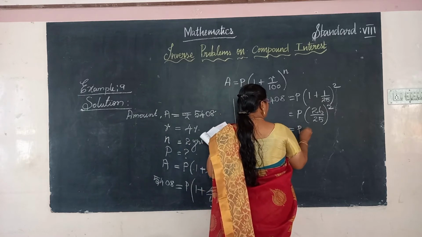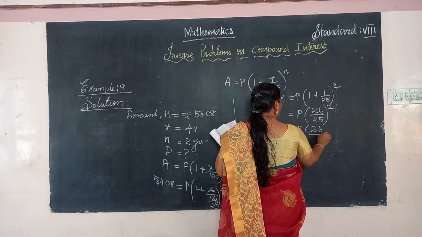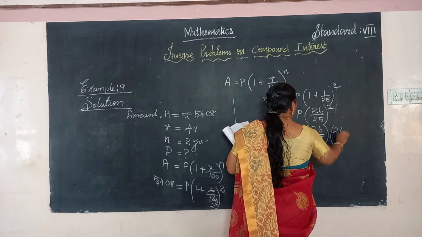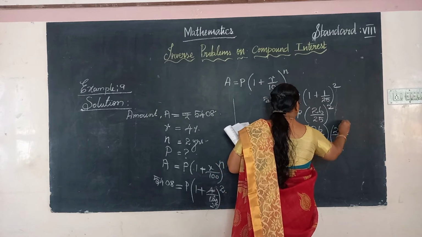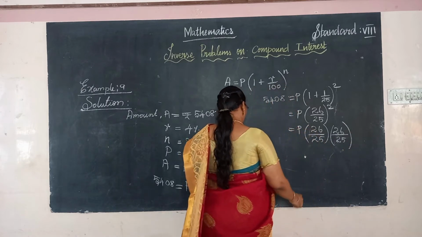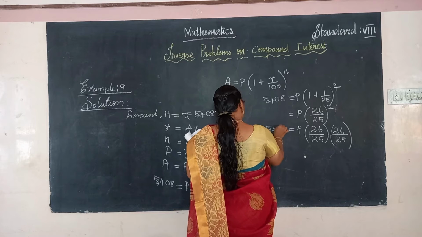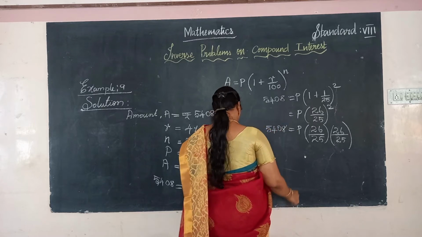It can be written in expanded form as 26 by 25 and then 26 by 25. Here the amount is 5,408.